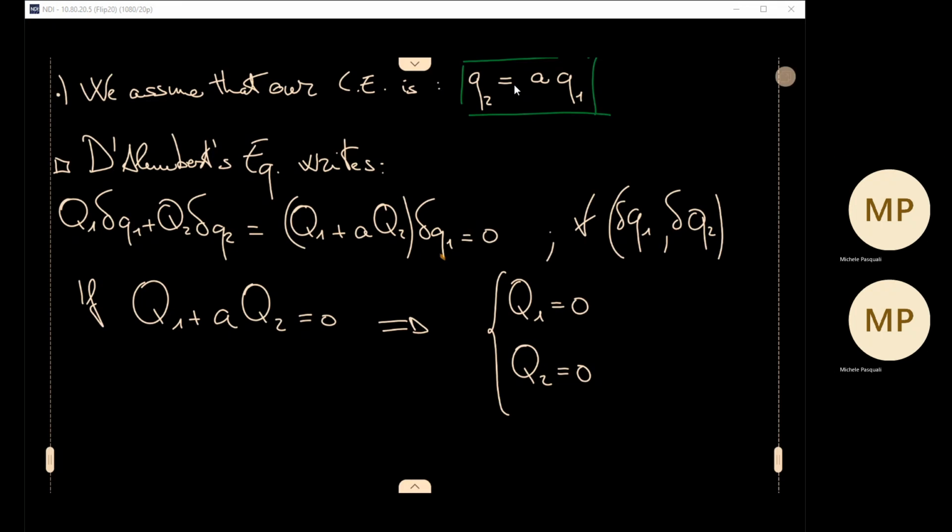So this is not true. And therefore, again, the Q's must be, if you want, linearly independent. And a complete set.